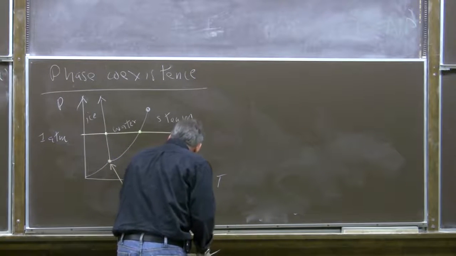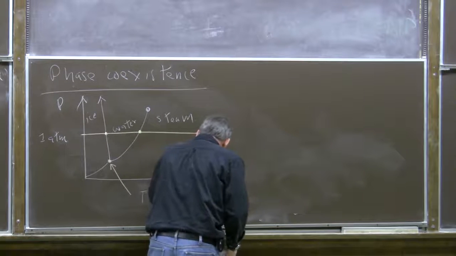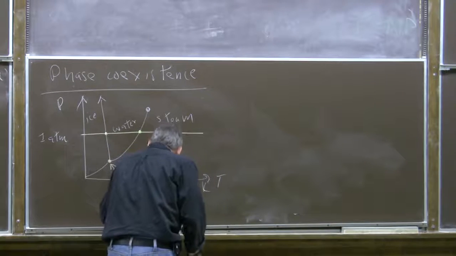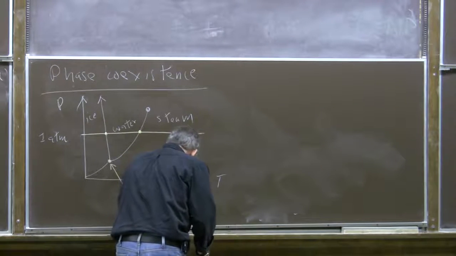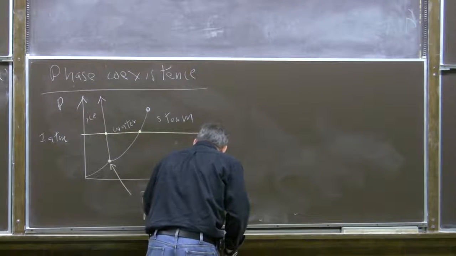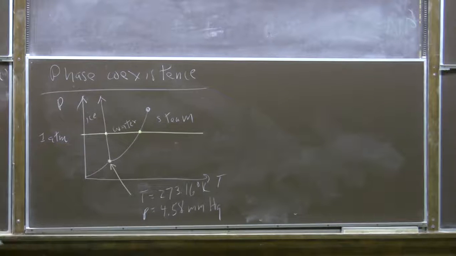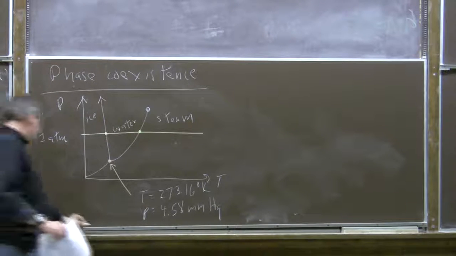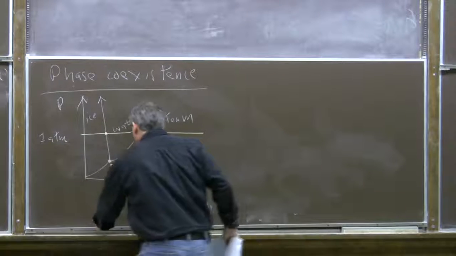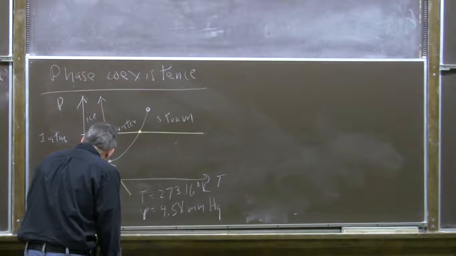In degrees Kelvin, it's 273.16, and at a pressure of 4.58 millimeters of mercury, much less than atmospheric pressure. And there's another special point, which is up here. This one is called the triple point, because there are 3 phases all in equilibrium.